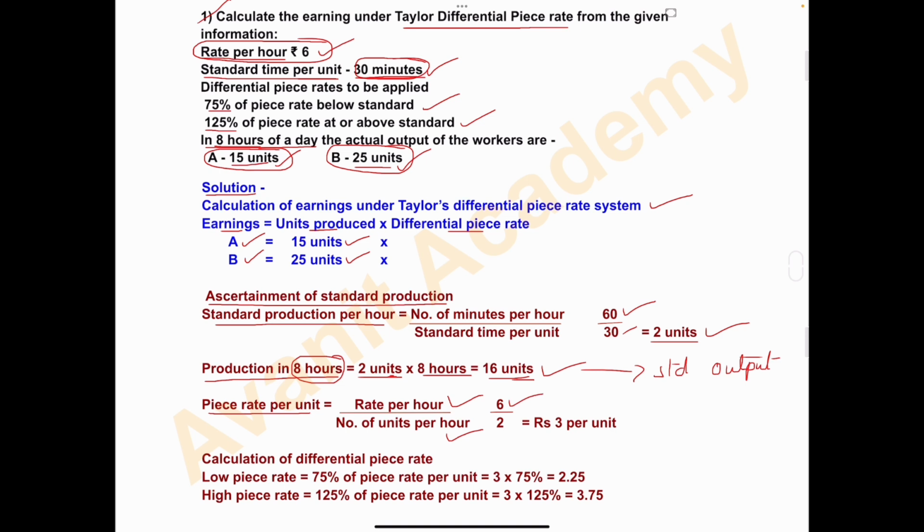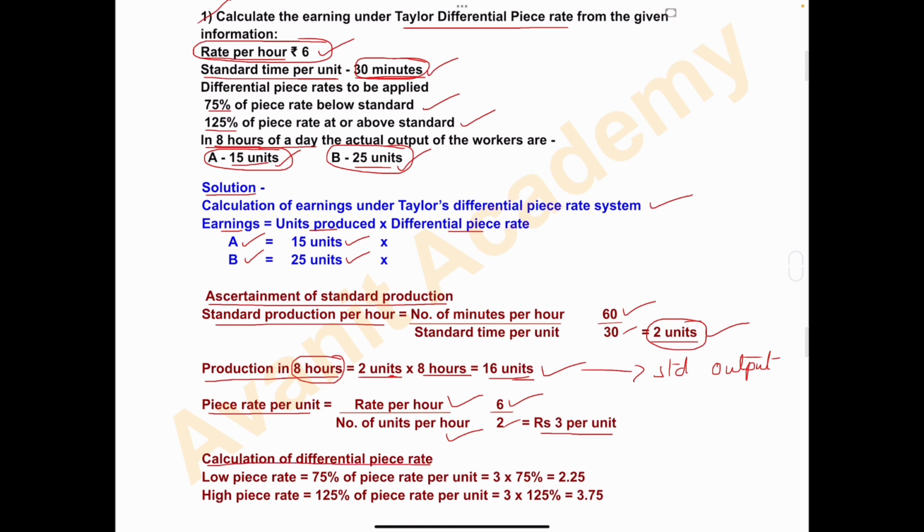And in this 1 hour, how many units can be produced? 2, as we have already solved. So 6 divided by 2, you will get rupees 3 per unit. So the piece rate per unit is rupees 3. Now calculate the differential piece rate.